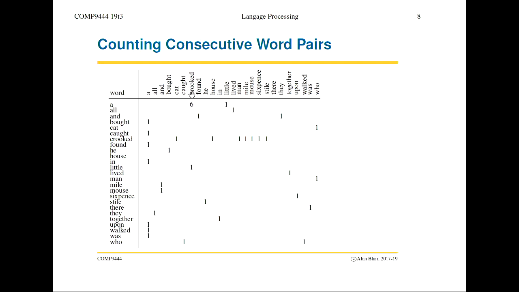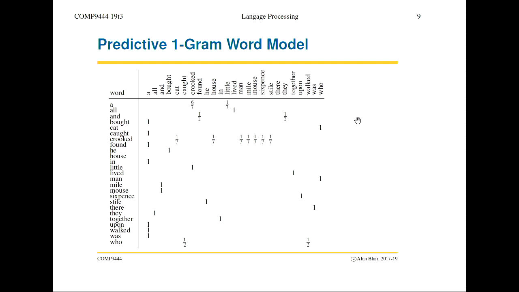But to turn this into a probability, I have to normalize along the rows. So I divide every number by the sum of the numbers in that row, and I say, okay, after the word A, there's a 6 out of 7 likelihood the next word will be crooked, and a 1 out of 7 it'll be little.